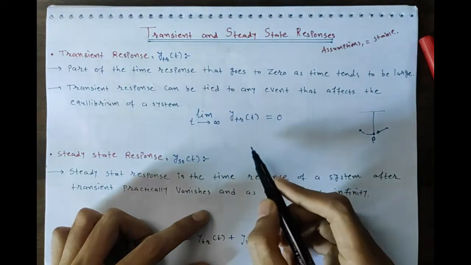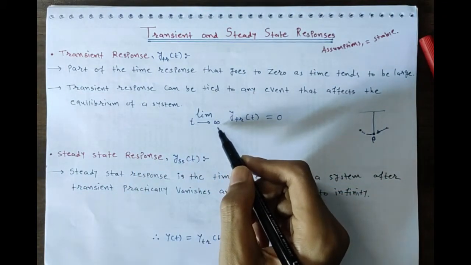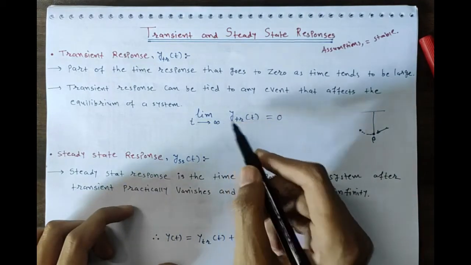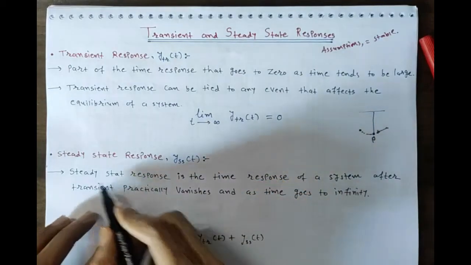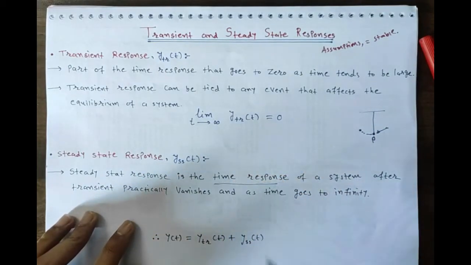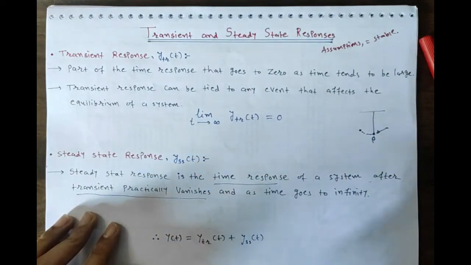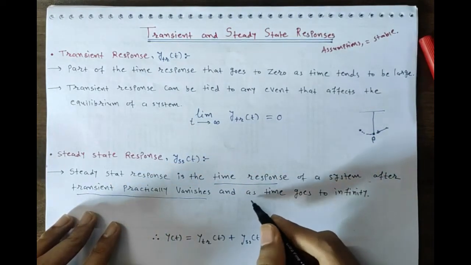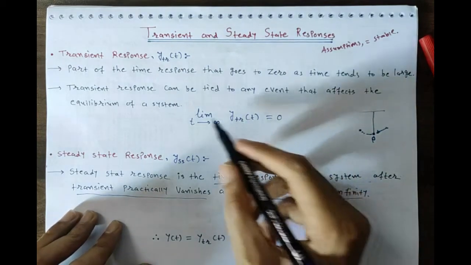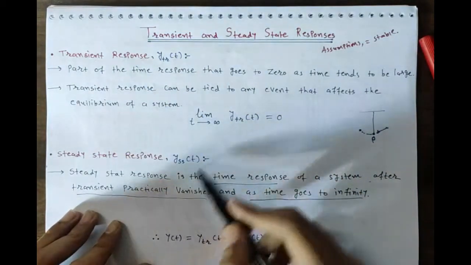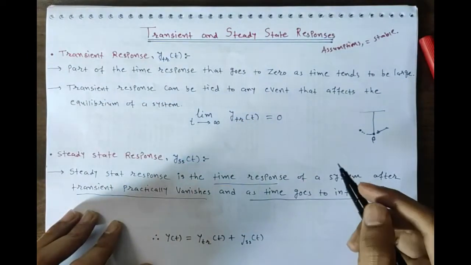So transient stability is nothing but when your time tends to infinity, ideally it is very large, your response becomes 0. What is steady state response? So steady state response is the time response of a system after the transient practically vanishes and as time goes to infinity. So in short, we can say your steady state response will be in the picture after the vanishing of your transient response.